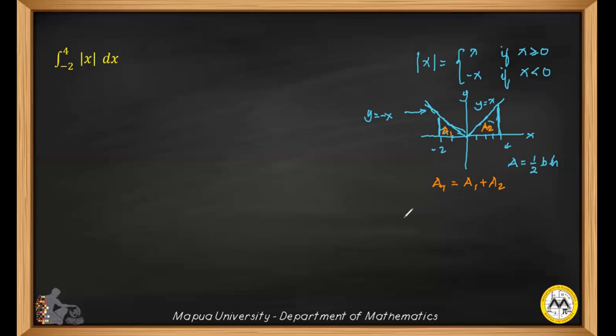Now, area 1, which is the area of the smaller triangle, is equal to 1/2, the base is equal to 2 units. And of course, the height is equal to 2 since y is equal to -x. Hence, area 1 is equal to 2 square units.